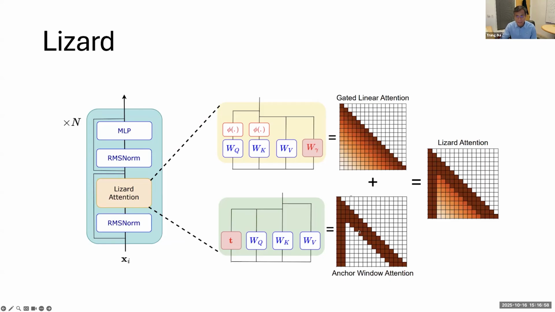When we combine both gated linear attention and anchor window attention, we come up with a linear attention that also mimics the spikiness of the softmax attention in full attention.